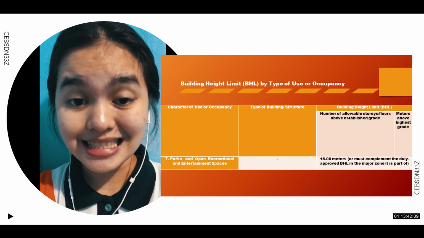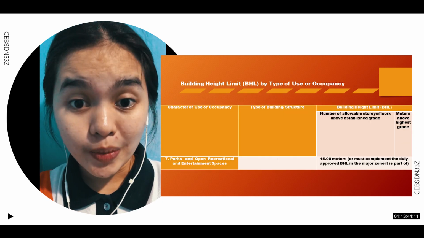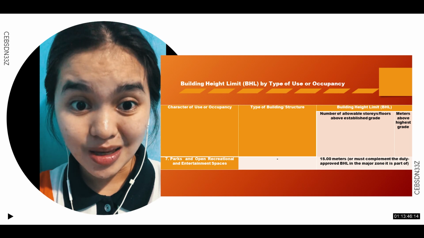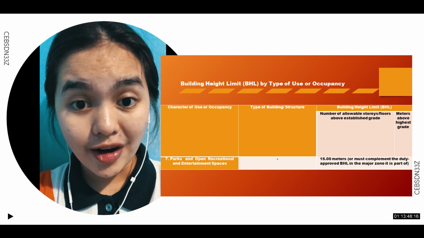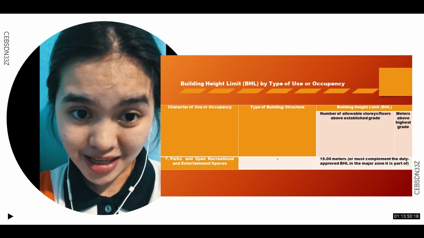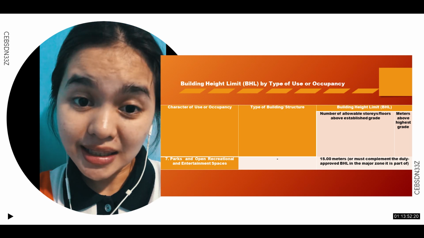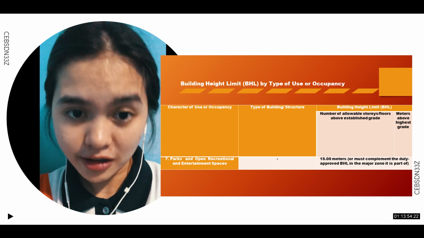As you can see in the table, the use or occupancy of Group H is parks, open recreational and entertainment spaces, and the building height limit is 15 meters.